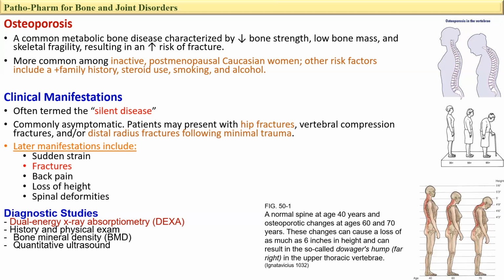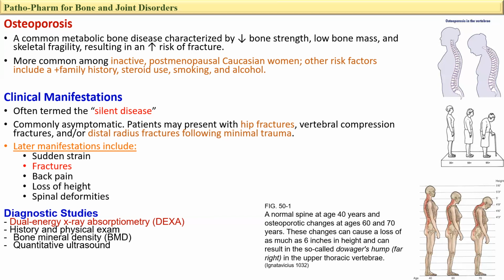So these are some of the long-term complications that the patient will develop over time, and then all of a sudden the patient has a fracture from minimal trauma, for example. That is an example of a patient who has never been diagnosed with osteoporosis but has been having this osteoporosis problem.